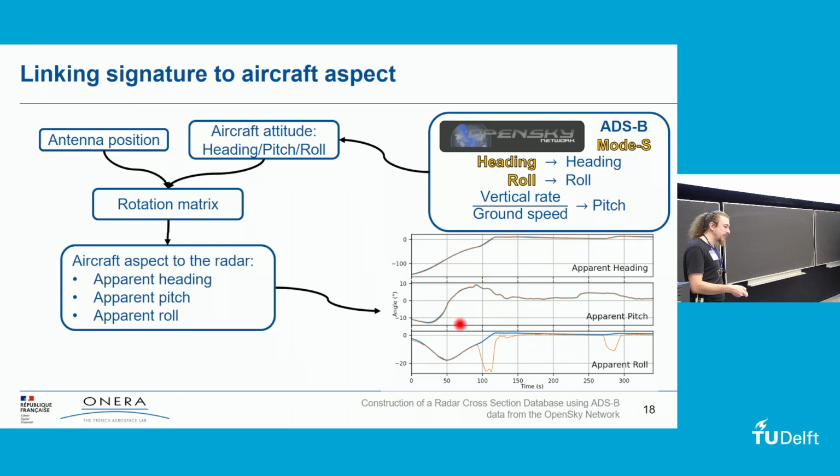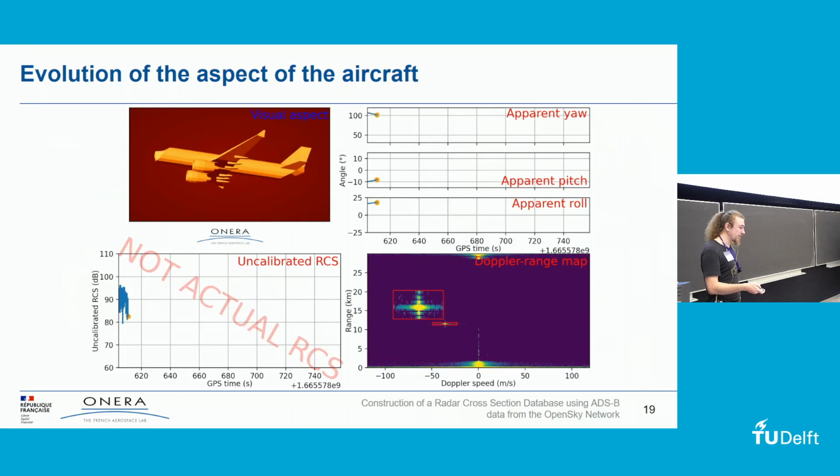And as you can see, in orange, I have now plotted the updated apparent aspect angles, and you can see very clearly that while apparent pitch and apparent heading were quite good, apparent roll is really different when you take into account the Mode S data. So obviously, I'm thanking Professor Sun for PyModeS.